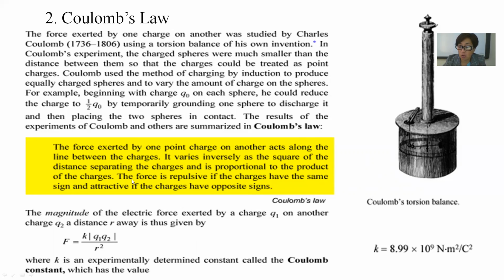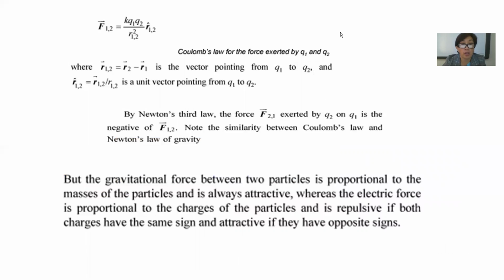This is the definition of Coulomb's law, the Coulomb's law for the force exerted by electrical charge Q1 on the second electrical charge Q2. Here r12 is the vector pointing from Q1 to the second electrical charge, and r-hat is the unit vector pointing from Q1 to Q2, that is, the vector r12 divided by its magnitude r12.